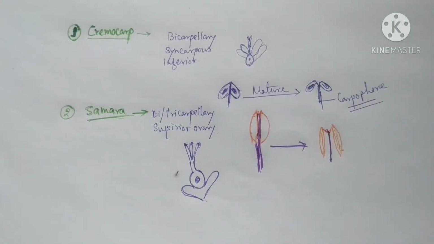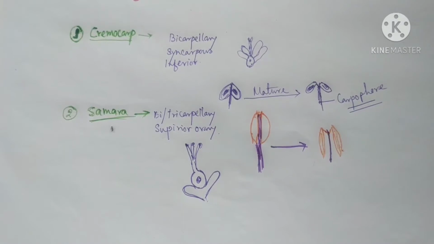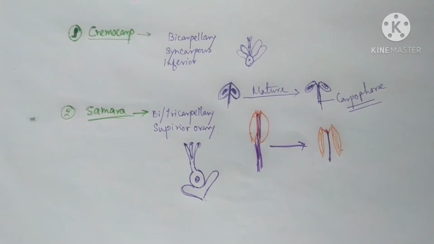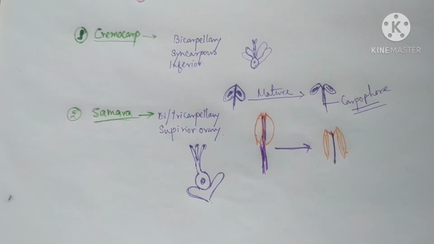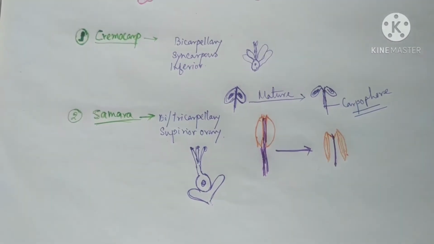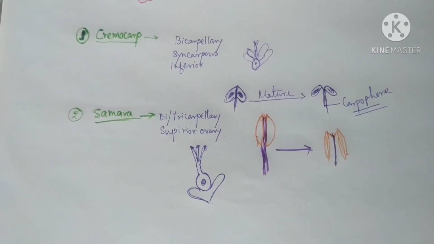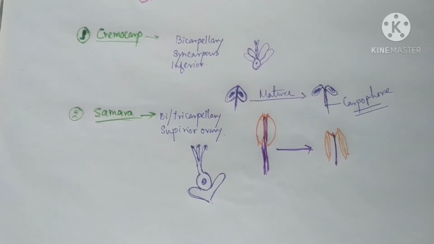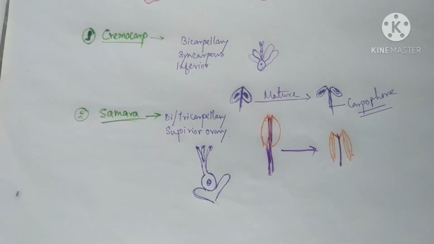Now what is the main character of samara? In samara, the pericarp is modified into wings, and the fruit breaks up into many parts, and each part contains a seed.